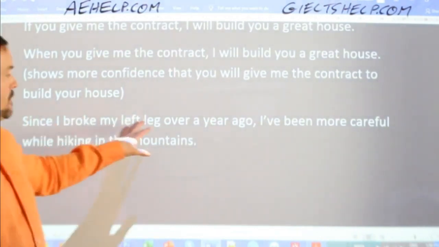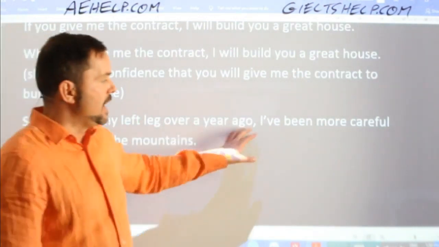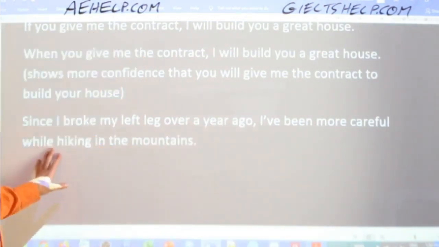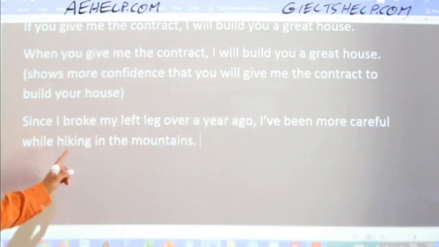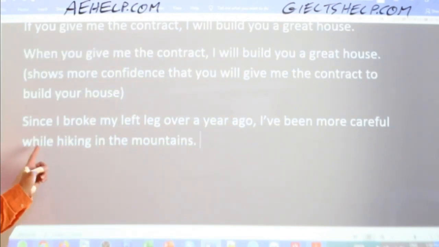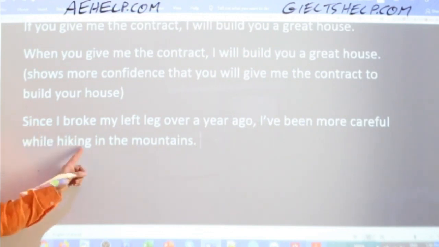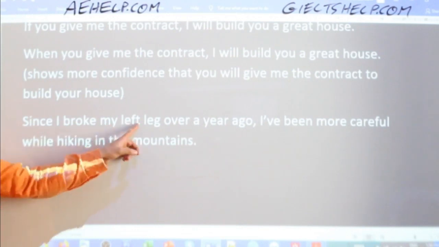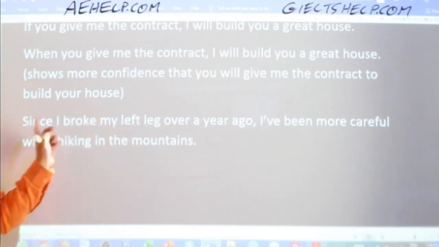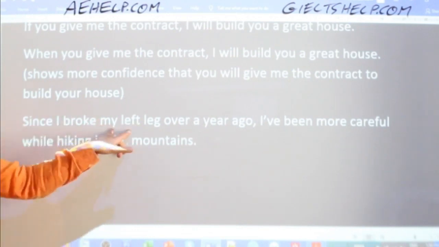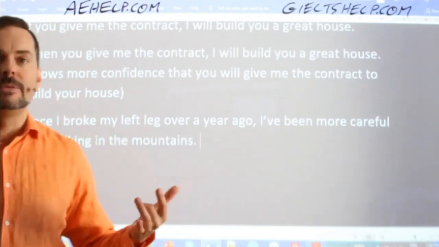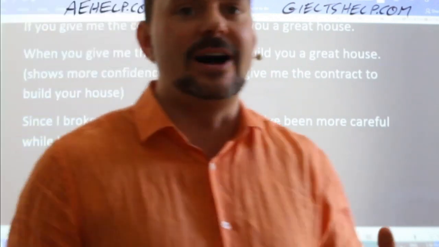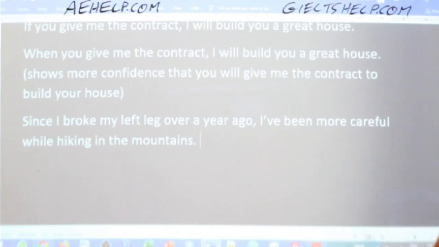Since I broke my left leg over a year ago, I've been more careful while hiking in the mountains. While is the conjunction of time, since is the conjunction of cause and effect. So I'm careful for hiking because I broke my left leg. Now, since this is related to time, I'm using the time conjunction more here, okay?